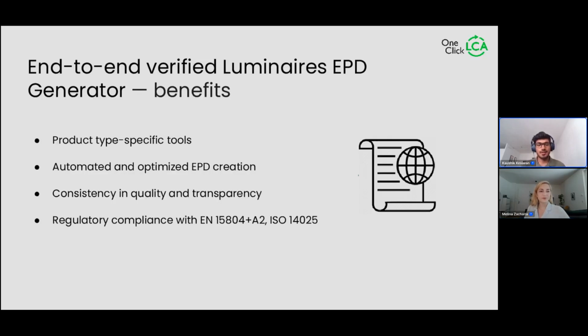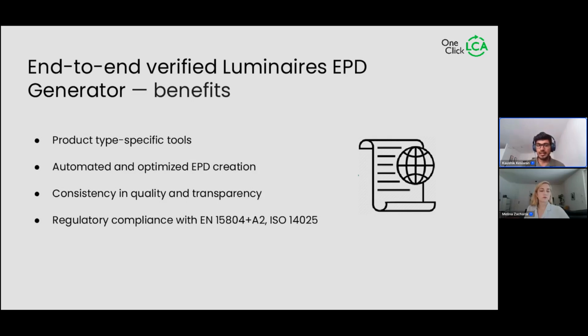Thanks, Melina. So when we talk about this Luminaire EPD Generator, it's actually end-to-end verified. What that means is that with the program operator EPD Hub, the tool has been completely verified. All the possible changes that a user can make have been verified, meaning the user can change only a limited part of the tool and the rest is automated. That way, both the user and the verification process win, and the whole thing is more streamlined.